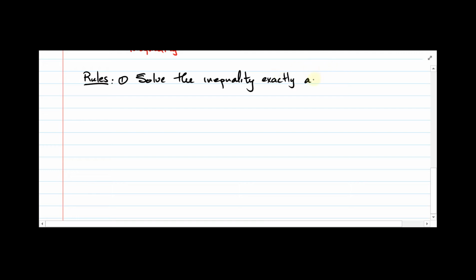Solve the inequality exactly as is done for an equation. And here let me write this except in big bold, except, not expect, except.